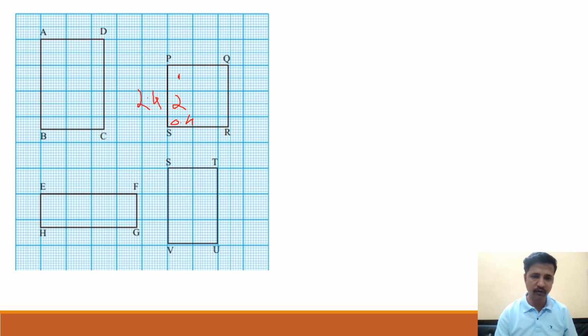Width calculate करो. This is the 1, this is the 2. This also covers 4 lines. So it is also 2.4. So it is a square. We can write the formula of a square.